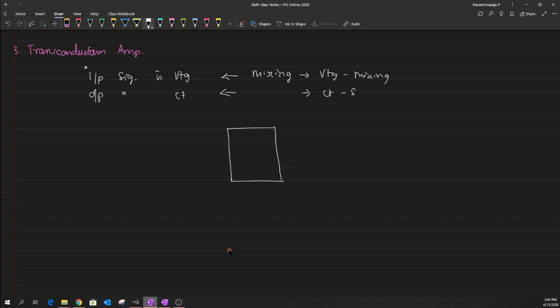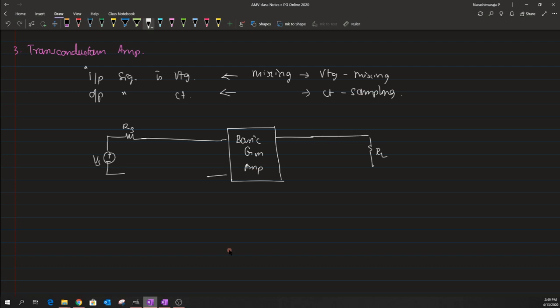Now let me write this basic transconductance amplifier, or let me write it as capital GM, and let us have a voltage source Vs, and a source resistance Rs, and let us leave this as it is, and we also have a load impedance that is connected.